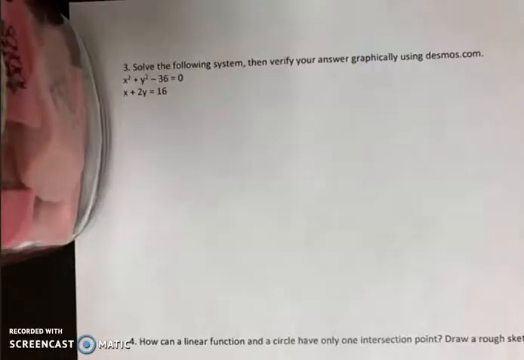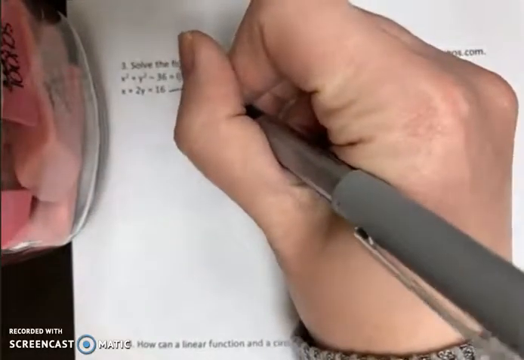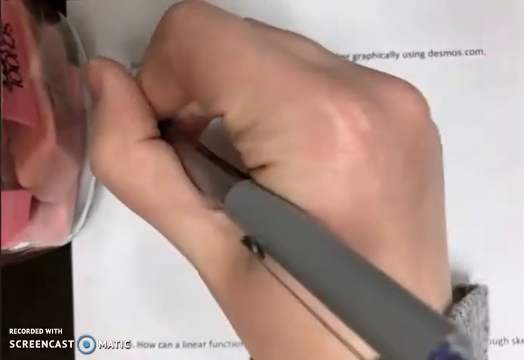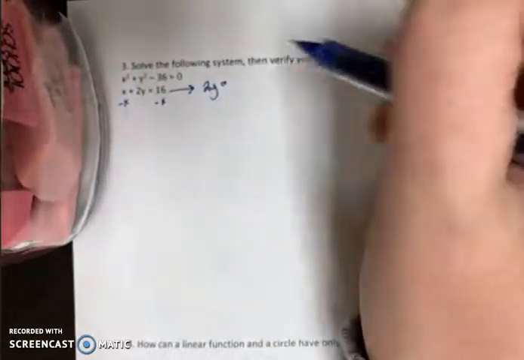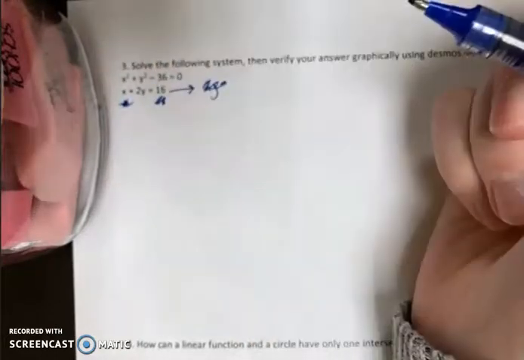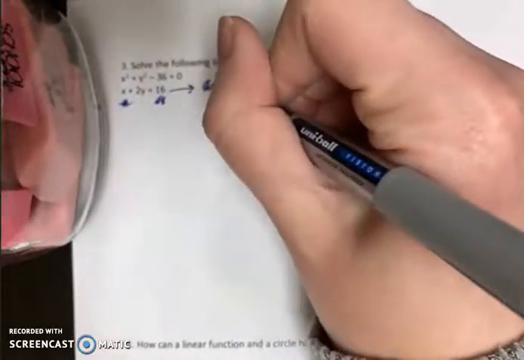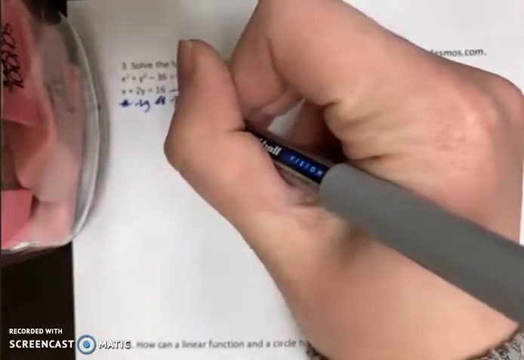In solving number 3, it's the same process where we want to rewrite the linear equation so that it is written as, I was going to do y equals something, but now I realize it'd be easier if I did x equals something. So I'm going to rewrite this as x equals, and all I have to do is subtract 2y from each side.